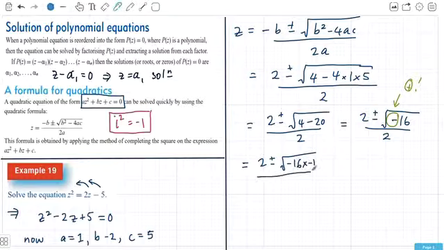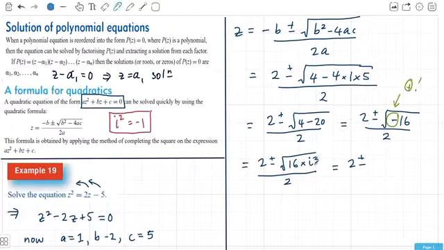So we've got negative 1 times 16, which is what we had before, all over 2.